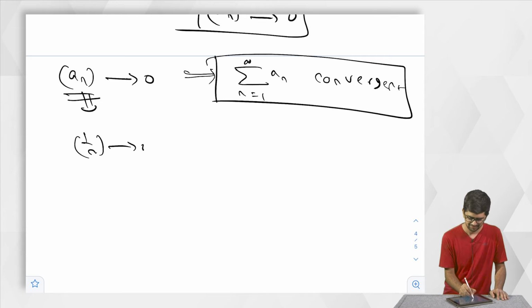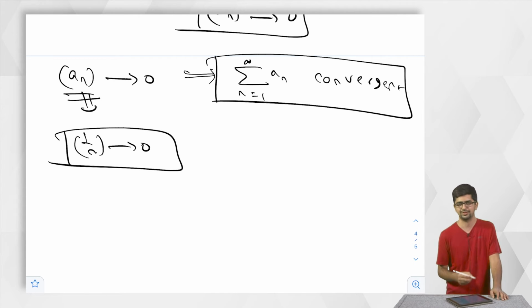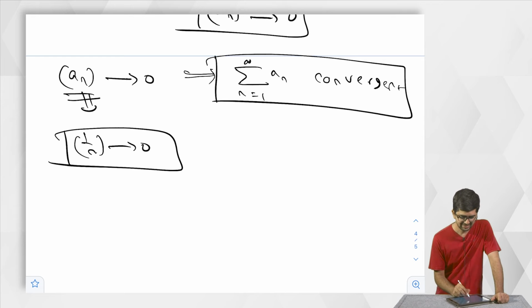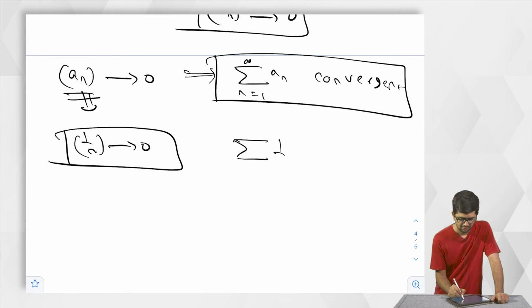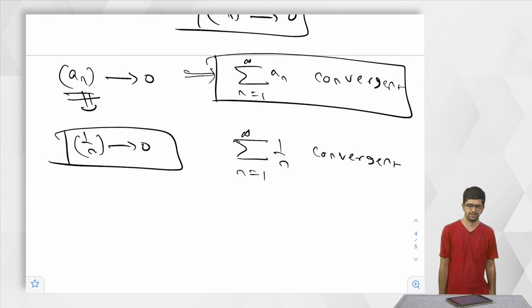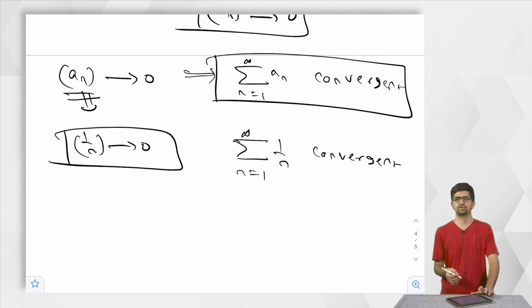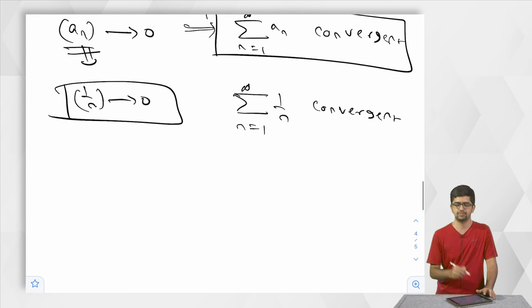As I said many times, the only sequence that I know that goes to 0 is 1 by n, and its cousins, 1 by n squared, 1 by n cube and so on. So 1 by n goes to 0. Let us check if the summation of 1 by n, n equal to 1 to infinity, is convergent or not. The first thing we should do is look at the sequence of partial sums.